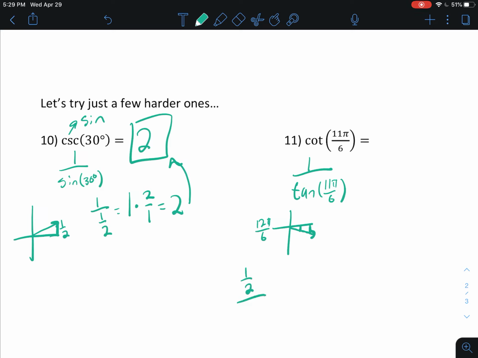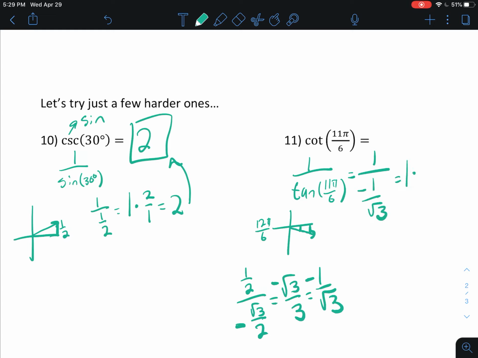I forgot to say that this is negative, so then this is negative radical 3 over 3, or negative 1 over radical 3. The reason this one might be nicer to keep as negative 1 over radical 3 is because negative 1 divided by negative 1 over radical 3 is going to give us 1 times negative radical 3 over 1.